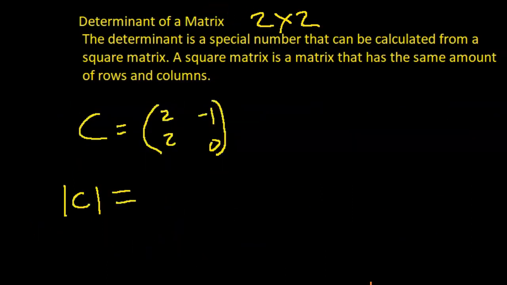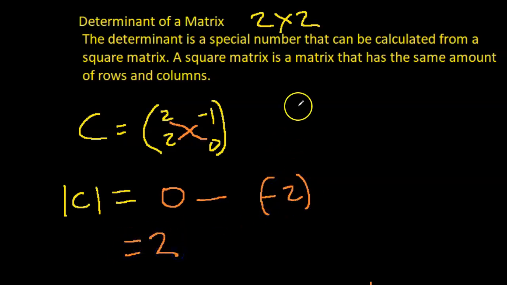Let's find the determinant of C. Again, cross multiply here. So 2 times 0, that's 0. Take away 2 times minus 1. What's 2 times minus 1? Minus 2, right? So the determinant for C is 2.